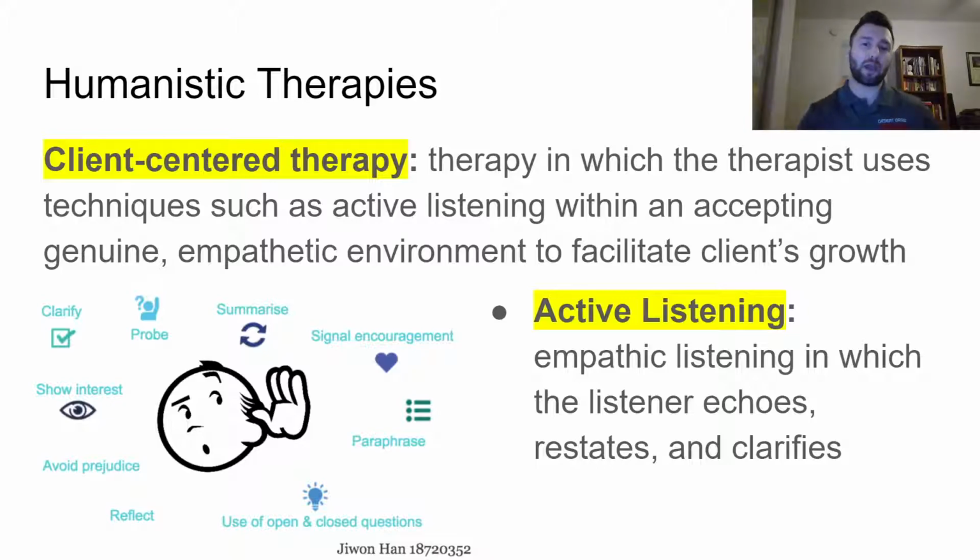And I just kind of echo it back. Or I clarify, or there's something I don't quite understand, I ask a question about it. So what about this aspect? Or can you tell me more about this part? All of those are active listening. Now, again, active listening is just a component of this client-centered therapy, where we're focusing on creating this environment that is accepting and empathetic.